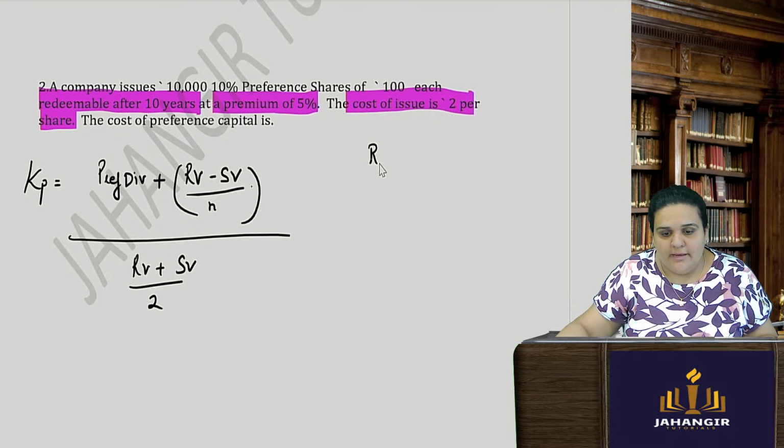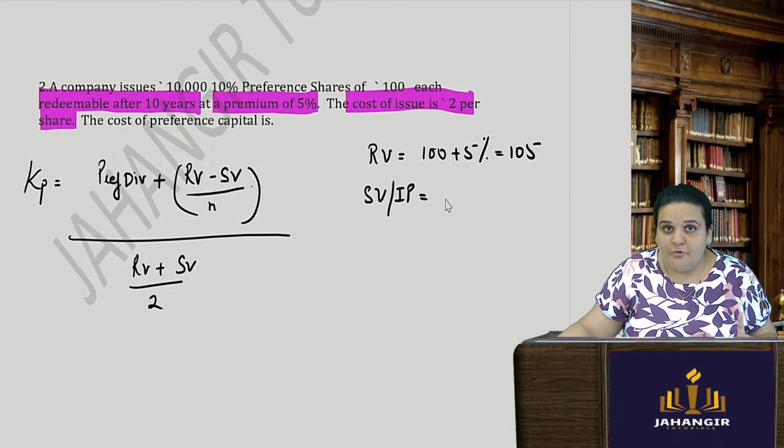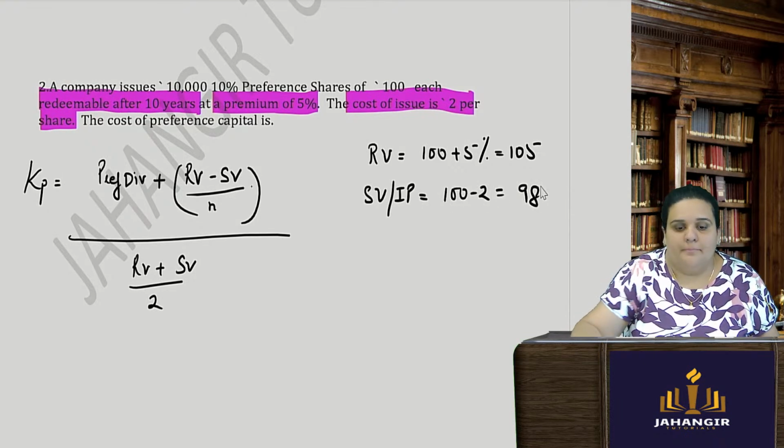Now redemption value is going to be a 5% premium. So 100 plus 5%, that will become 105. And the issue price or the sales value: cost of issue was rupees 2, I'll have to consider that. So 100 minus 2, that will be 98.